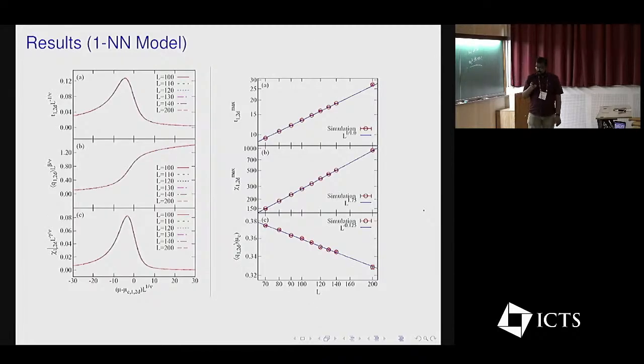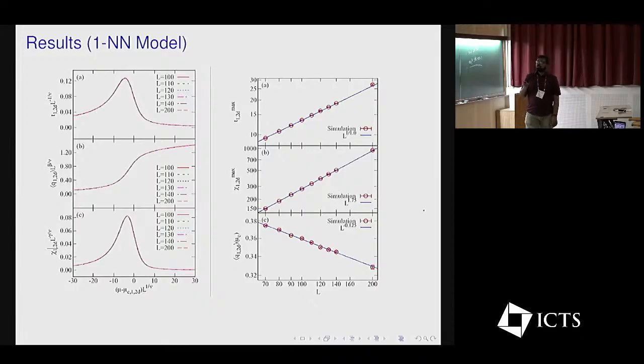Here we bring in all the results from the simulation for the 1NN model. We have plotted t, the susceptibility, and the average order parameter for different system sizes, and we can see that they collapse on top of each other for all the different system sizes.